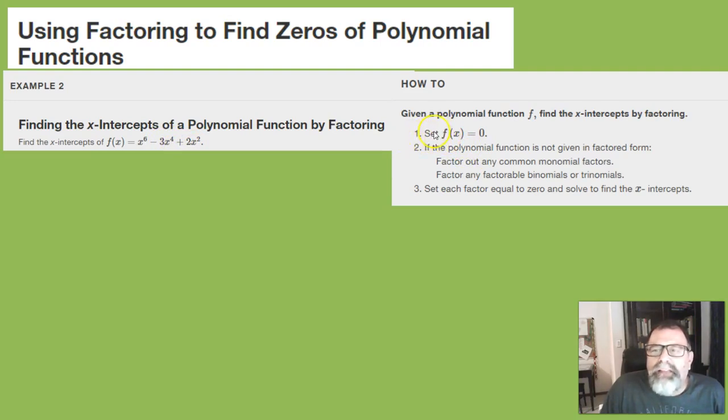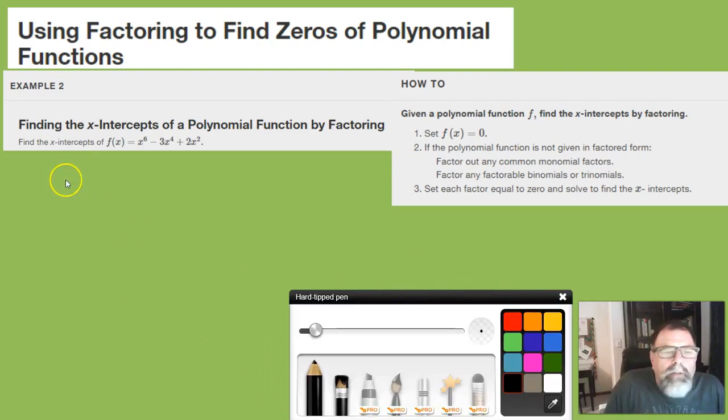The way we find x-intercepts is you set the function equal to 0. And then with this technique, if it's not factored, we want to factor it. So look for any common factors, factor them out, and then factor any factorable binomials or trinomials using techniques that we've talked about before, or that you should have learned in intermediate and beginning algebra.